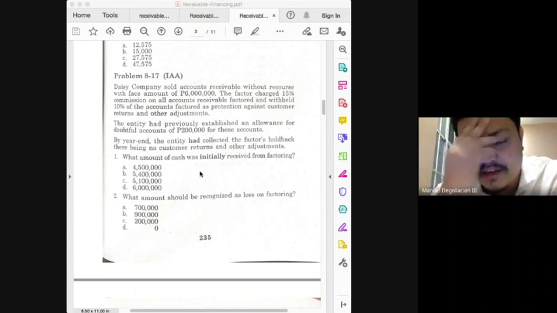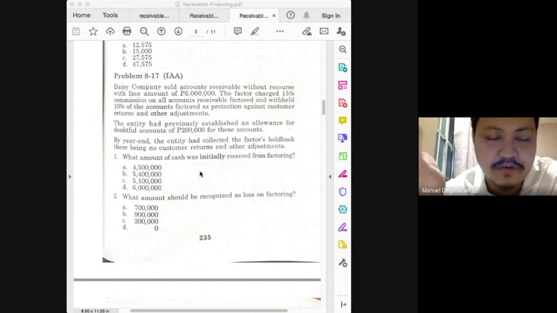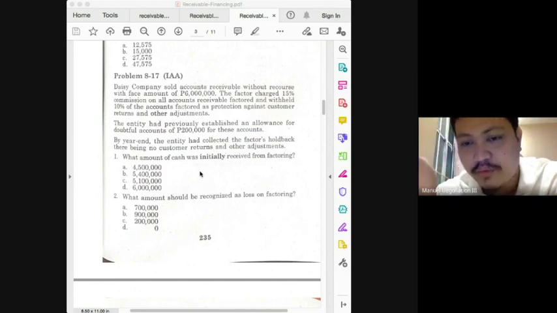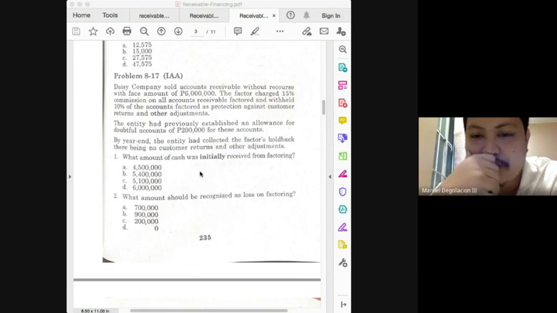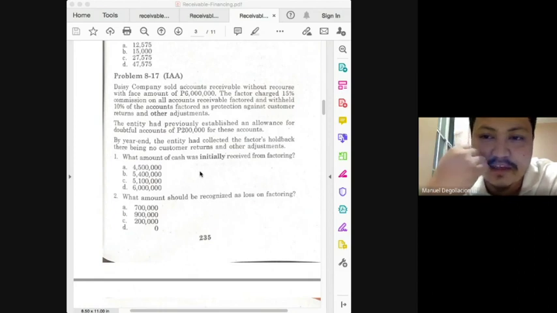If you can recall my illustration earlier, if you have a receivable of 2 million, you were able to sell it for 1,500,000, then you will have a loss of 500,000. You can also solve it that way. Even though the receivable has a face amount of 6 million, we have already established an allowance of 200,000.